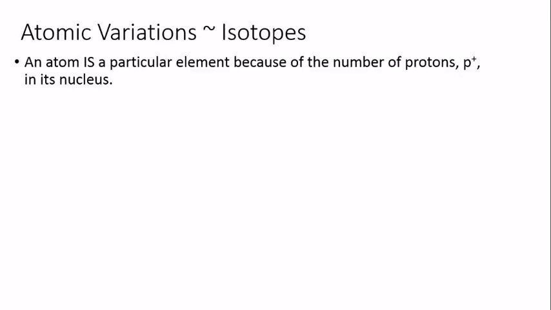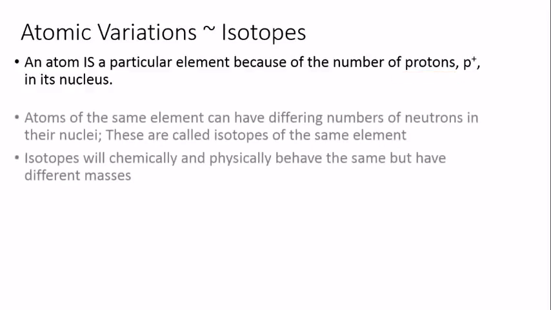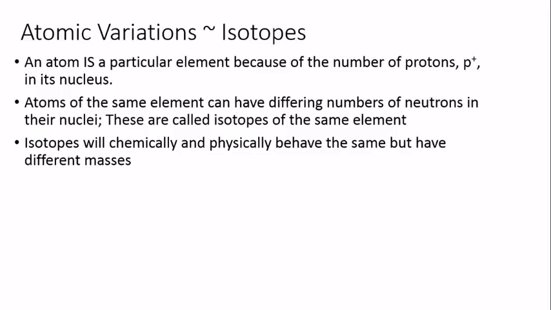So just to review, what element an atom is is all related to the atomic number, the number of protons in the nucleus of that atom. But the identity of the element is not changed by neutrons that may or may not be in the nucleus. So we have atoms of the same element with the same number of protons in their center, but different numbers of neutrons.